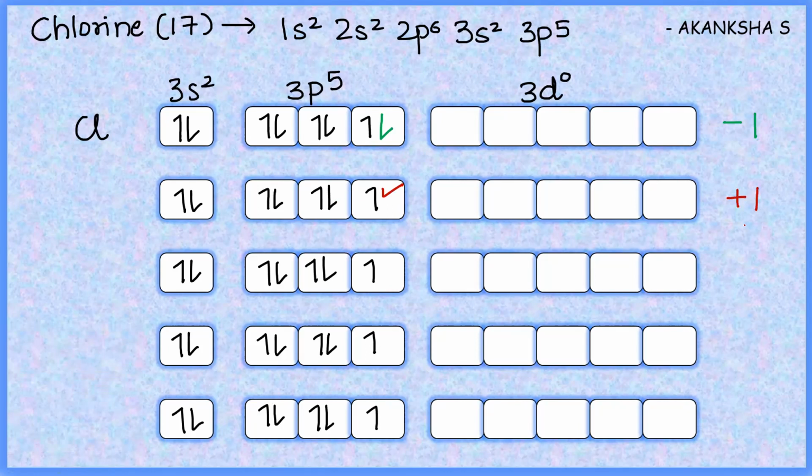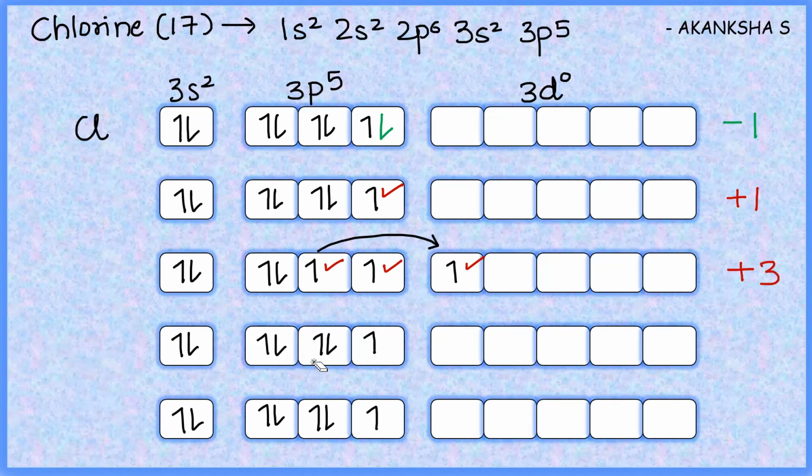You get +1. What happens next? In the next one, this paired electron can come over here. How many unpaired electrons do we have now? We have 3 unpaired electrons: 1, 2, and 3. It becomes +3.